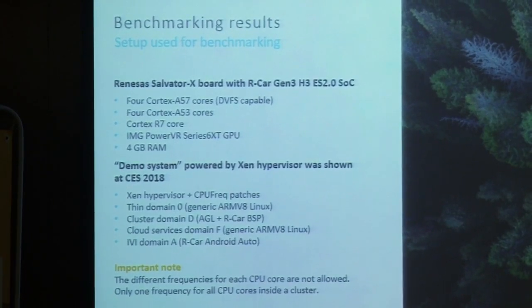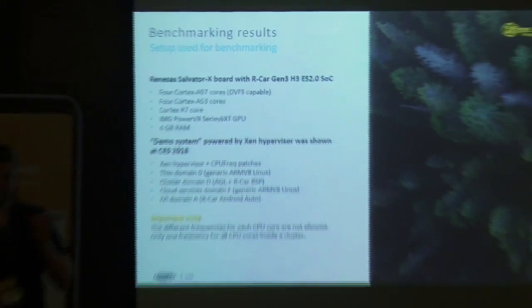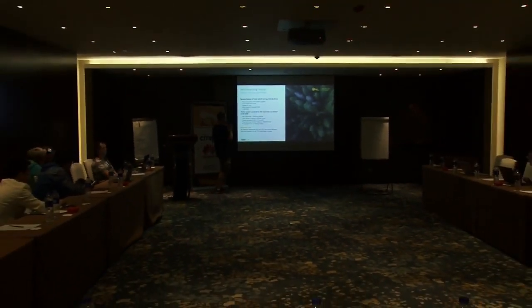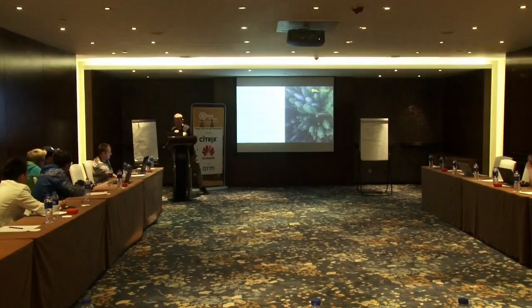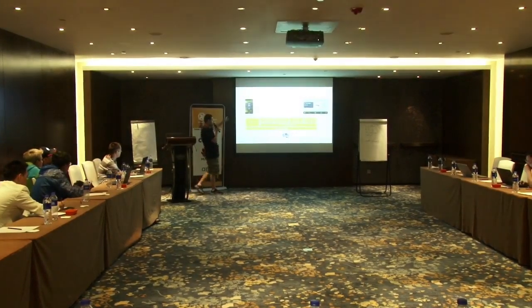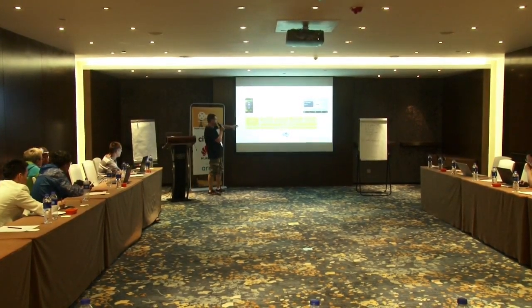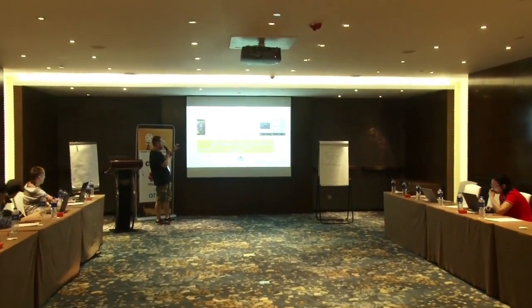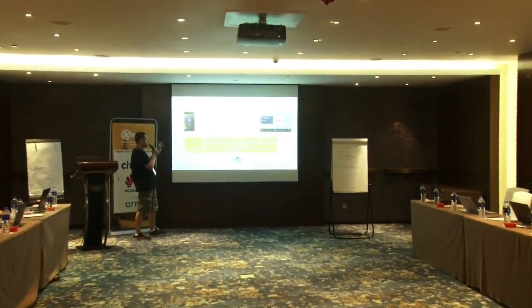As for target software, I decided to use our demo system which was shown at last CES. It is a virtualized system powered by CEN hypervisor and consists of 4 domains. In domain 0, there are no hardware drivers at all, just generic ARM v8 Linux.